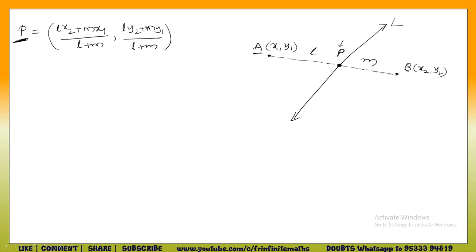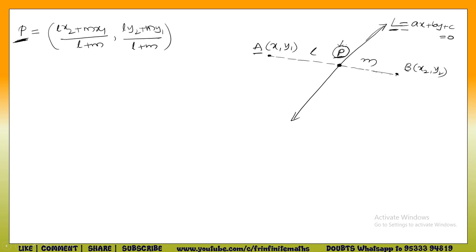But we know that this point P is lying on this line equation L, so this point P will satisfy this line equation. Let us consider this line equation as ax plus by plus c is equal to 0. This is my standard line equation, and this point P is lying on this line.